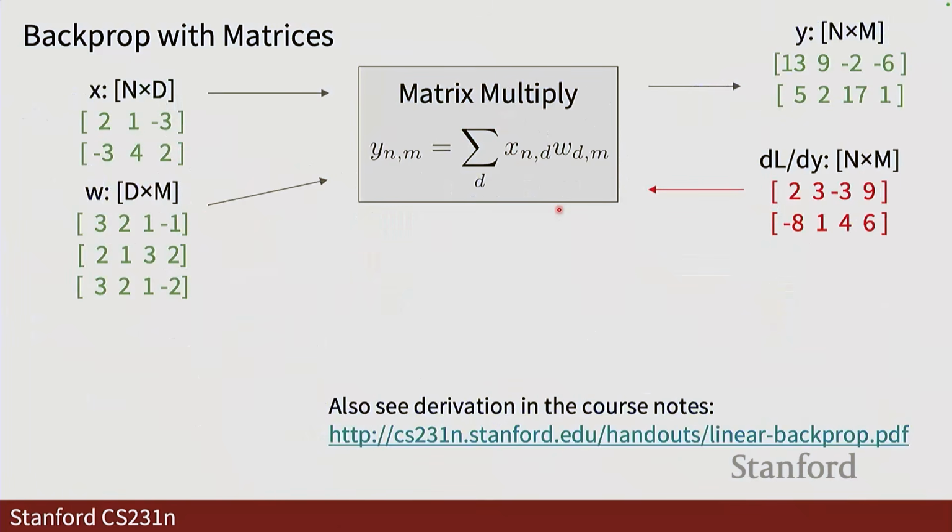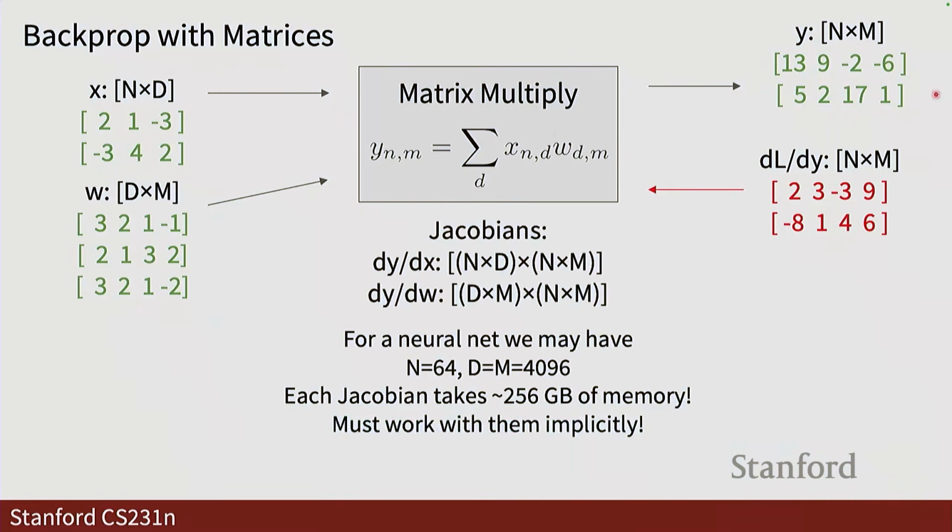Let me give you an example. Say X and W are the inputs to a matrix multiplication gate, which generates Y as the output, and calculating the derivative of L with respect to Y gives us these Jacobian matrices.